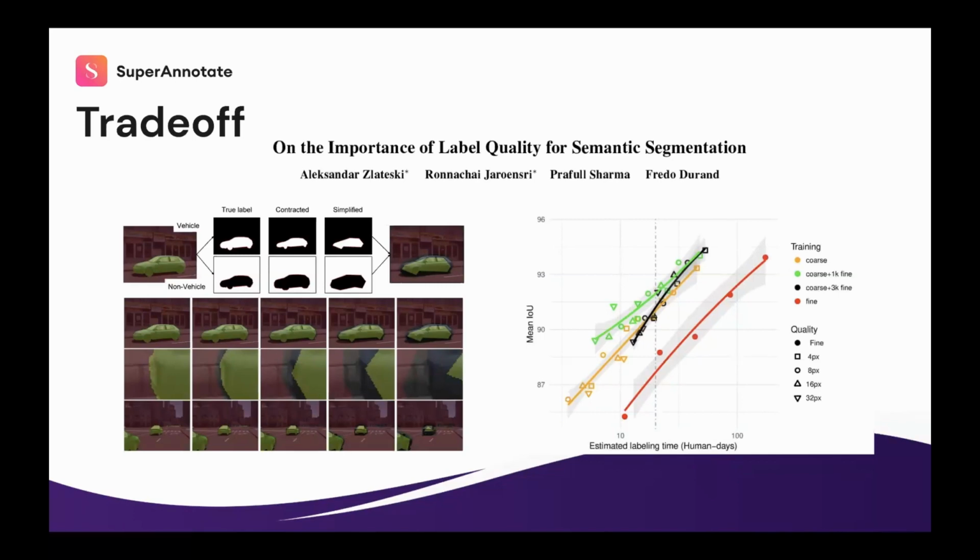The findings from their experiments are really interesting, and they can be summarized in this plot on the right, which shows estimated labeling time in human days, if you were only annotating by hand. They plotted it against the mean IoU score, so how accurate the model is.